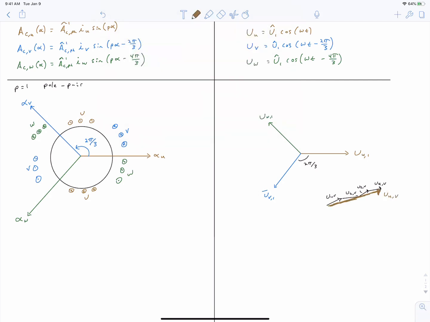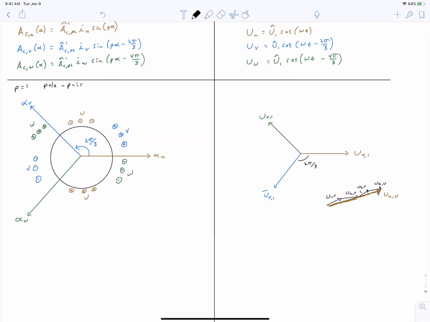And so we construct our voltage phasor for an individual phase as being the sum of a series of coils. And this voltage phasor is the voltage representation between the neutral point of our winding and the terminal of each of the phase windings. Okay, so we did this for a one-pole pair motor.